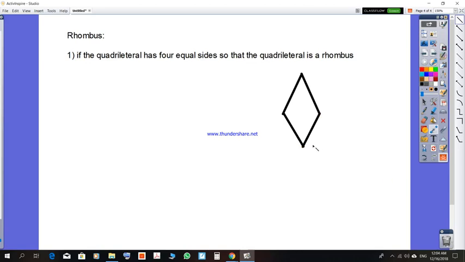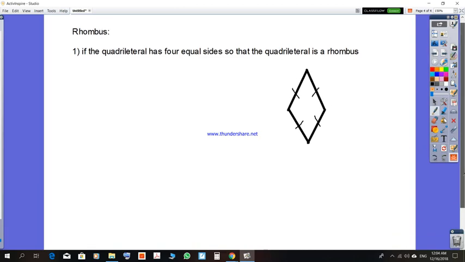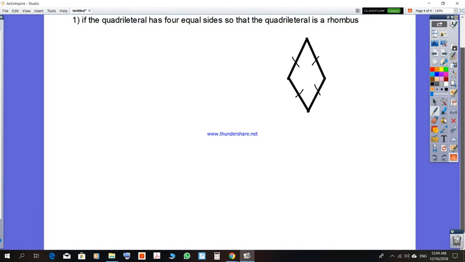That means this side is equal to the next side, equal to the third side, equal to the fourth side. If I prove that all the sides are equal, that means the quadrilateral can be a rhombus.